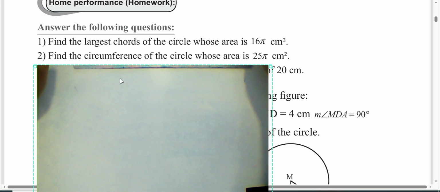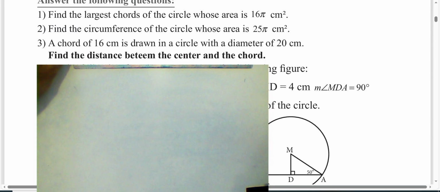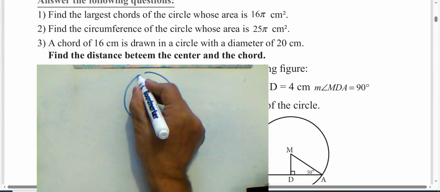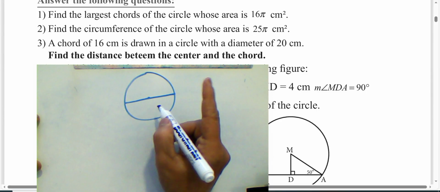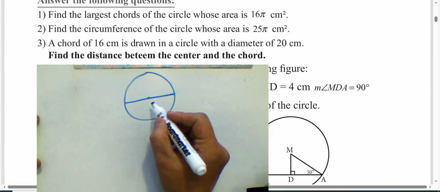Next question. A chord of 16 centimeters is drawn in a circle with diameter 20 centimeters. Find the distance between the center and the chord. Look here, a circle like this. He gave me the length of the diameter as 20 centimeters.